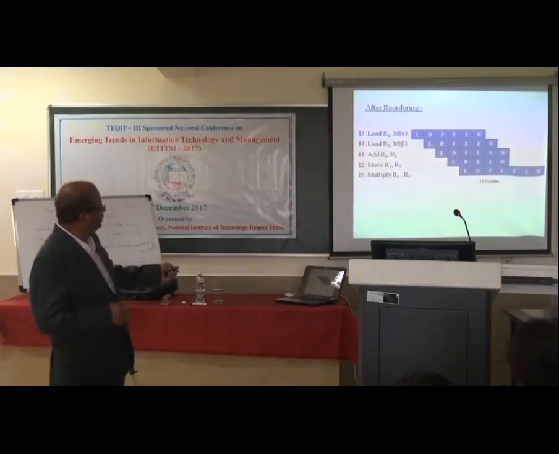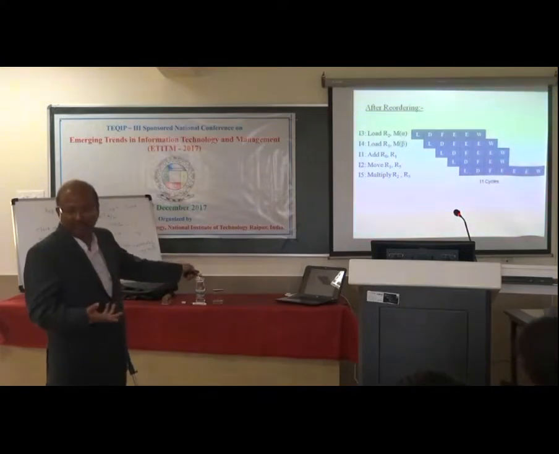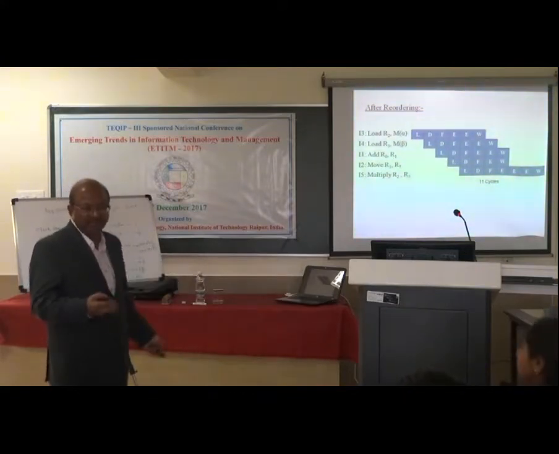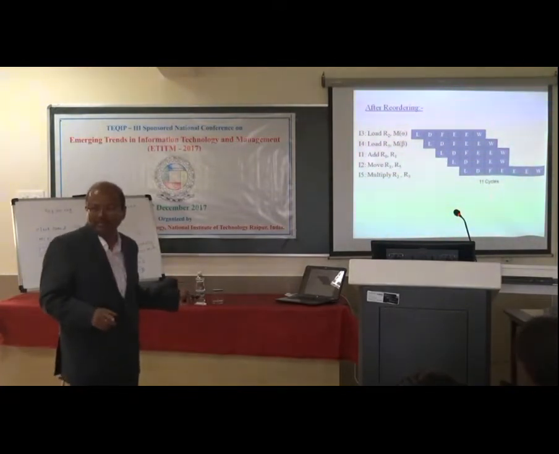Now it is ensured that by the time I5 is reading R3, it is definitely ready, because after I4 these two instructions are also performed. So it is now safe to take this value. So this is by reordering.